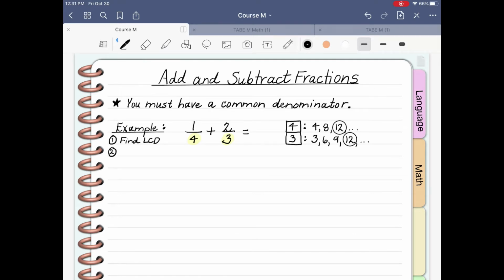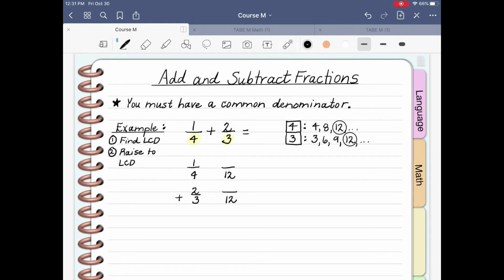Step 2 is to raise to the LCD. So here's what we do next. We say 1/4 plus 2/3, and we are going to raise those up to 12ths.